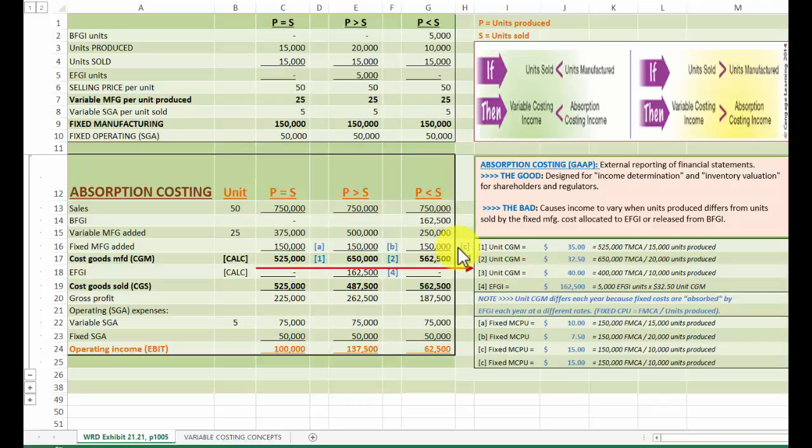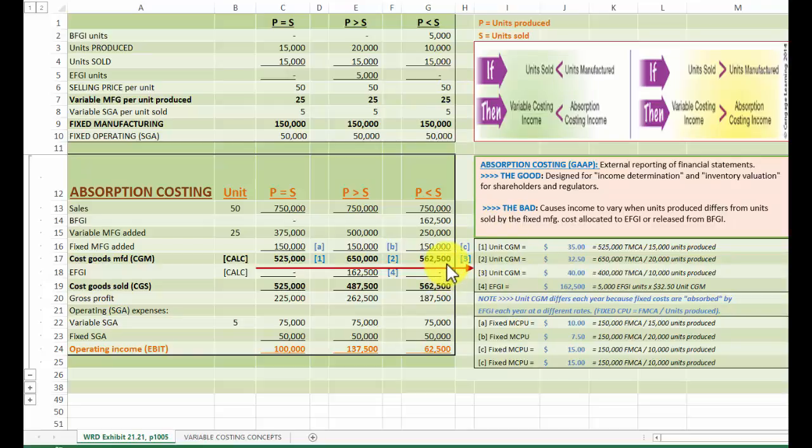It would add $150,000 of fixed manufacturing for total cost of goods manufactured of $562,500. Now, because we had beginning inventory of 5,000 and we produced 10,000 units for a total of 15,000 units available, and we sold 15,000 units, there would be no ending finished goods inventory. So zero for ending finished goods inventory.